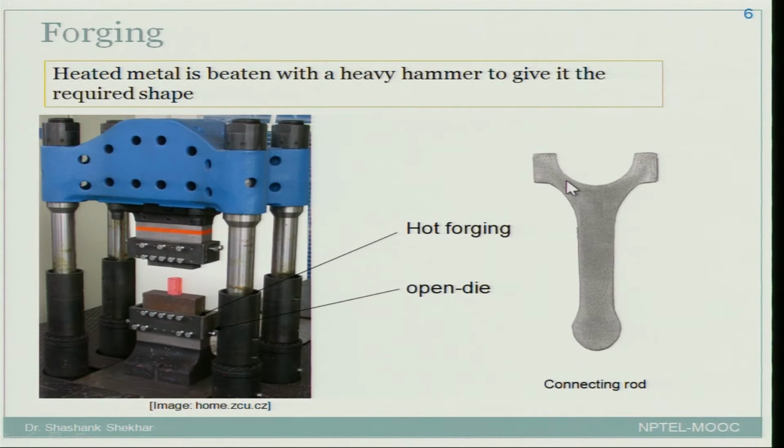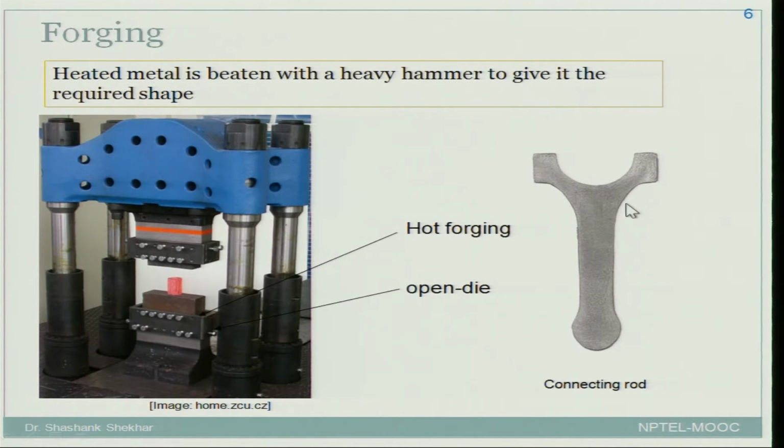Now again, what is the science or basic understanding that you must have about forging? If you wanted to manufacture this kind of shape by, let's say, machining, machining would be another possible route, but you don't create it by machining. Why?